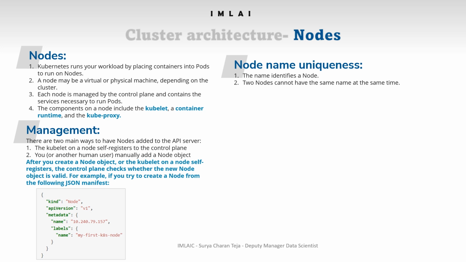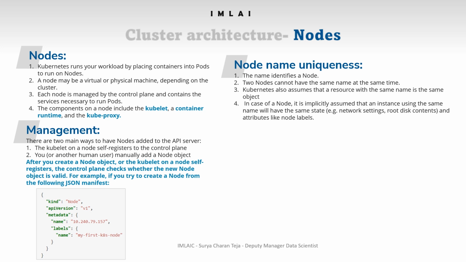It assumes that everything is the same. So this may lead to inconsistencies if an instance was modified without changing its name. If the node needs to be replaced or updated significantly, the existing node object needs to be removed from the API server first and re-added after the update.